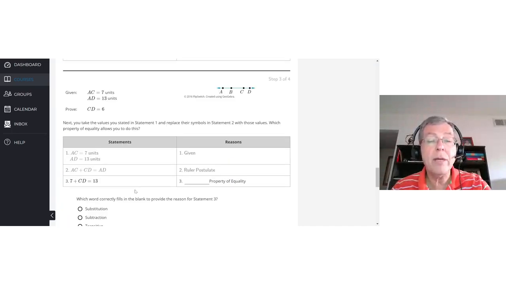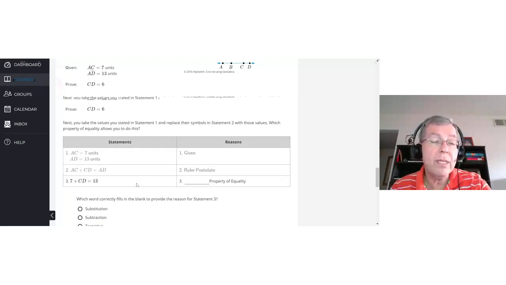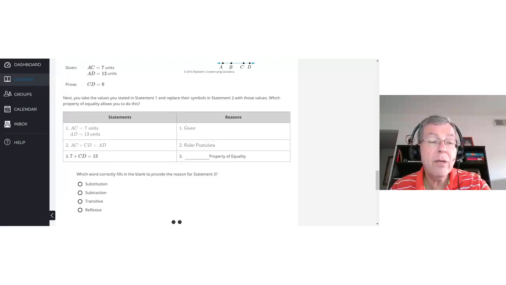But now we have line 3. It says 7 plus CD equals 13, because we know that AD, the whole thing, equals 13. So take a look, watch this for a moment. Did we subtract on the left side? We're reading from the top. Did we substitute anything? Do you see anything above that we substituted in?